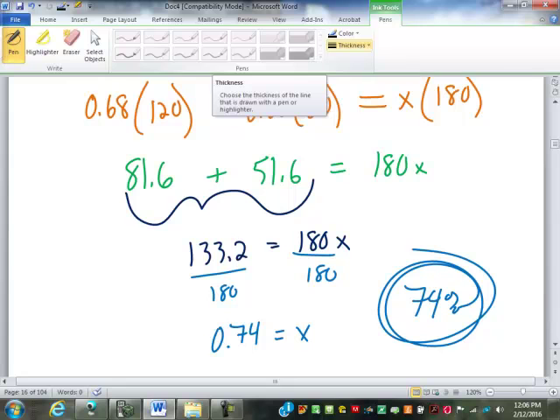Well, that's a nice process, but generally we're not looking to mix two random solutions in random amounts together and figure out what it comes out to be. Generally, we have a target concentration that we're looking for.